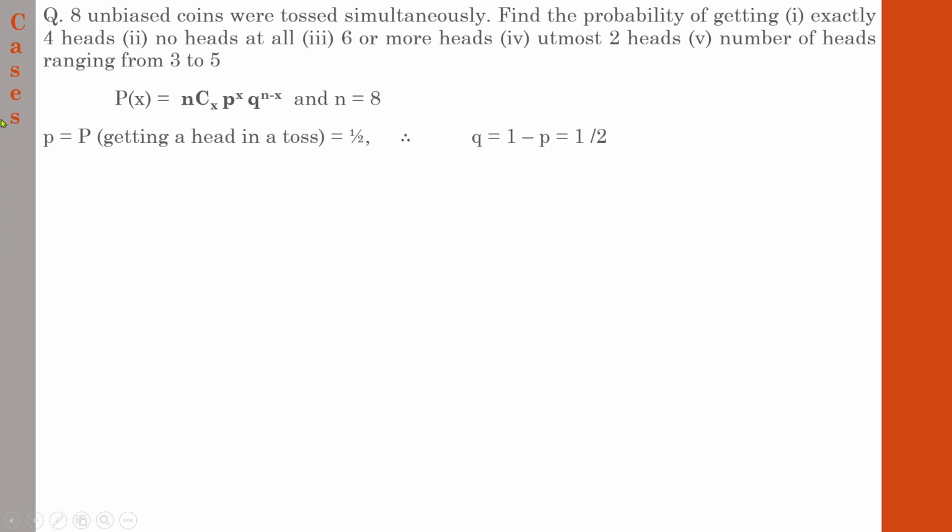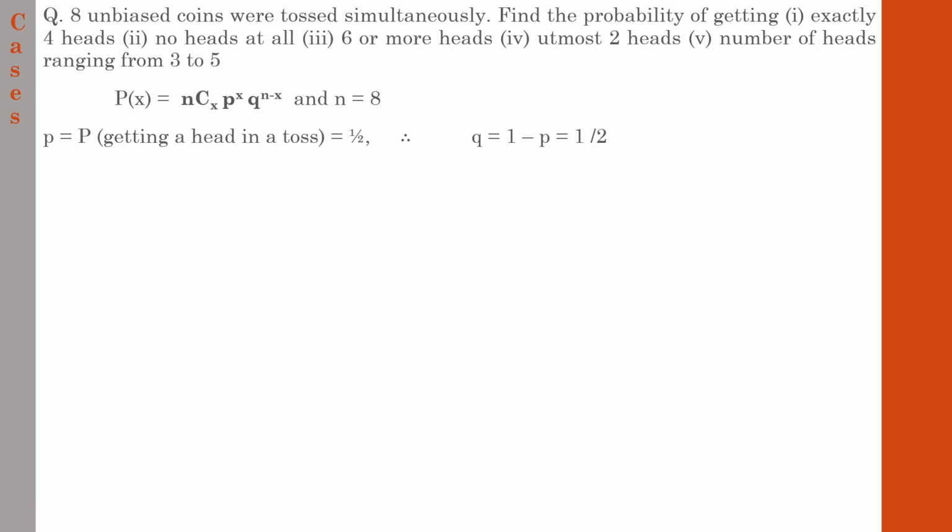So we all know that the probability of getting a head from a coin is 1 by 2. So the value of p is 1 by 2. So success is 1 by 2, then the failure will also be 1 by 2, or otherwise you can use the equation q equals 1 minus p. p is 1 by 2, so 1 minus 1 by 2, you will get 1 by 2. So we have got p as well as q. I hope you are getting the concept. So now we have n, p and q.